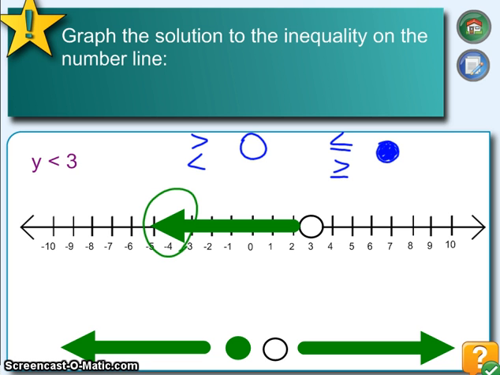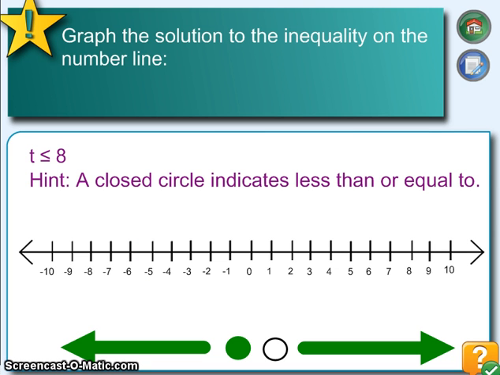Okay, let's try some more. In this case, we have t is less than or equal to 8. And again, the hint, a closed circle indicates less than or equal to. Because we are including the 8 as a possible solution, I'm going to take that solid circle and place it on the 8.